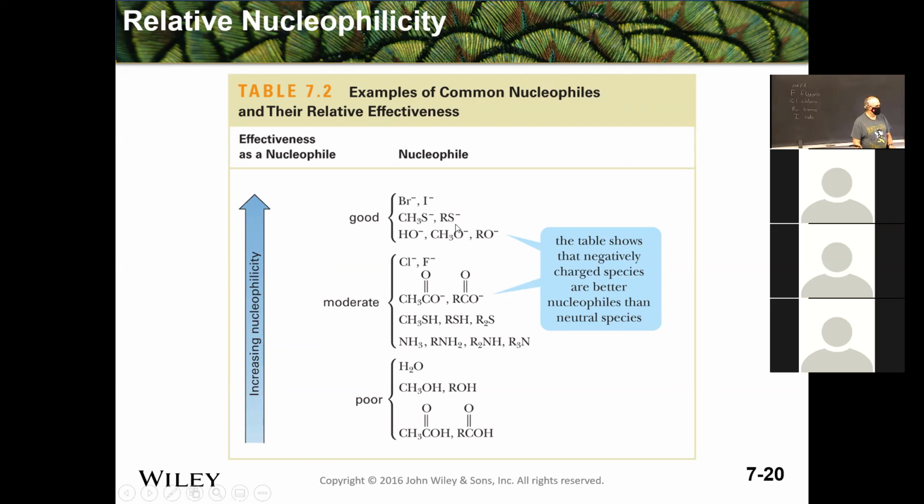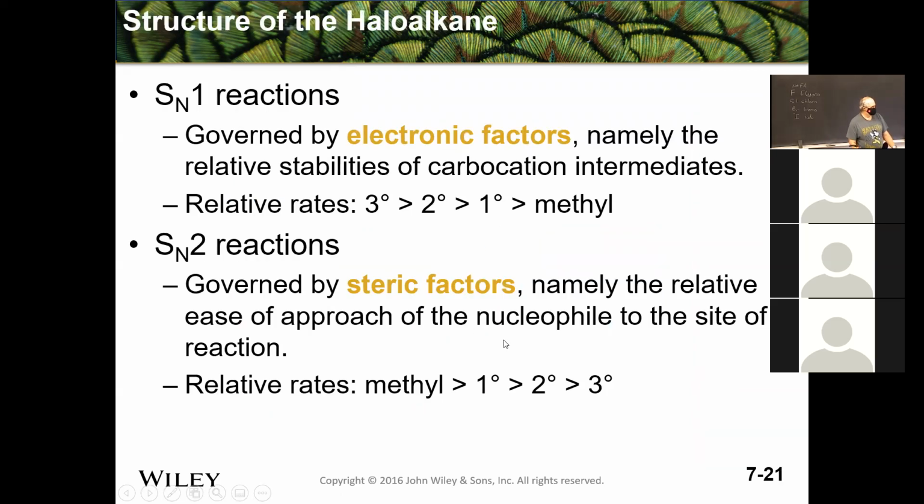Notice that in general, charged nucleophiles are better than uncharged. These neutral species like ammonia and amines are fairly good nucleophiles, but generally not as good as those with the negative charge. So that's a listing of nucleophiles. The better the nucleophile, the faster the reaction by SN2.